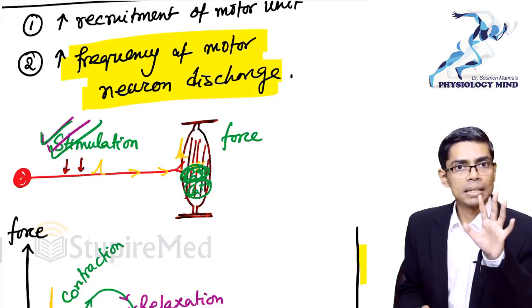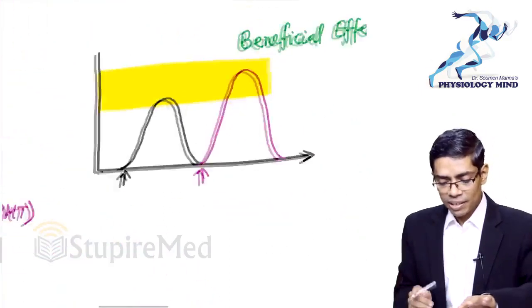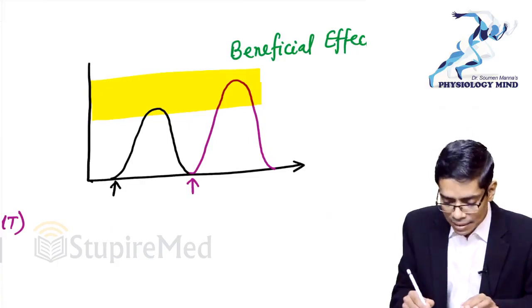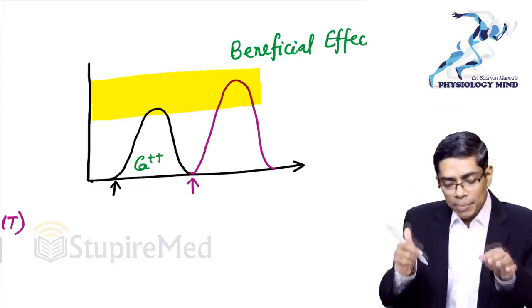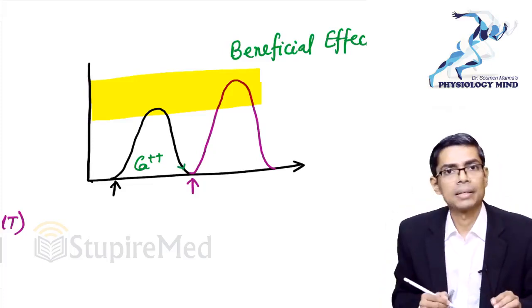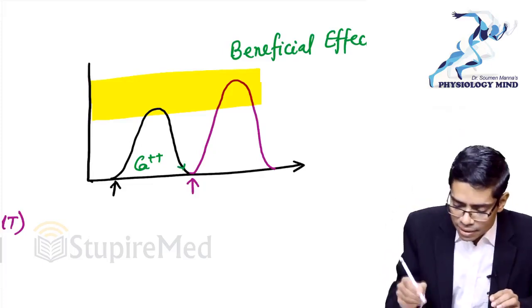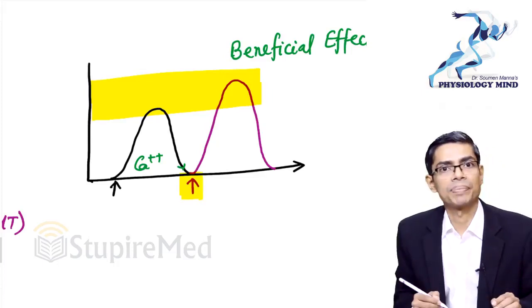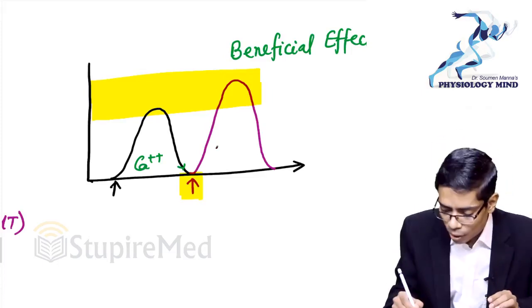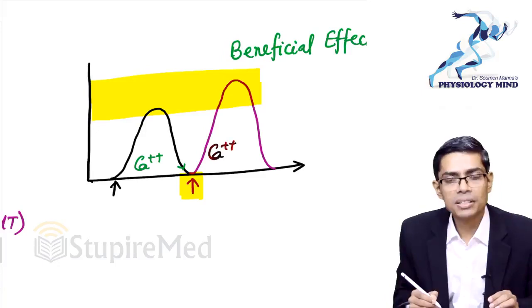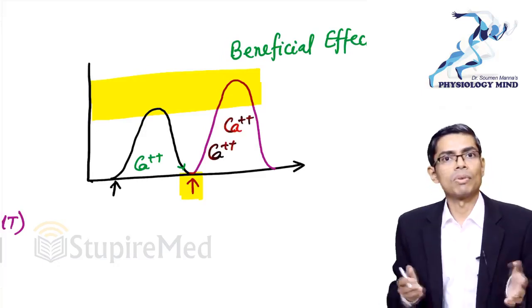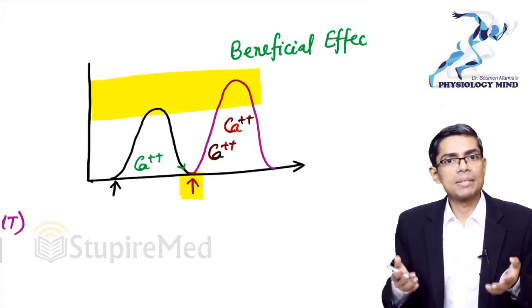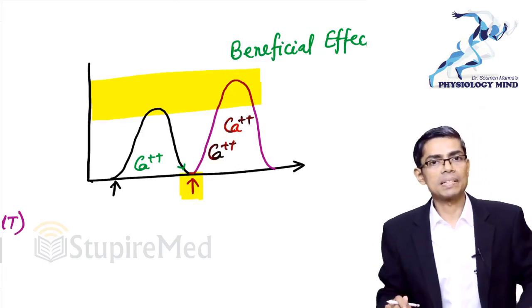Imagine that when you give a first stimulus, calcium release occurs, and then calcium mopping up leads to relaxation. But if you give the second stimulus in quick succession, calcium is already present from the first contraction, and now additional calcium is released due to the second stimulus. So the amount of calcium is more at the molecular level of the muscle cell.